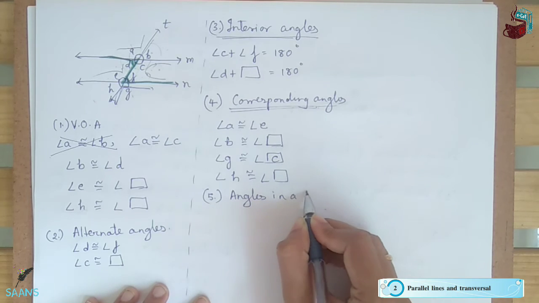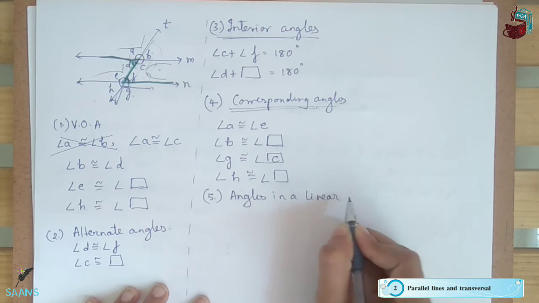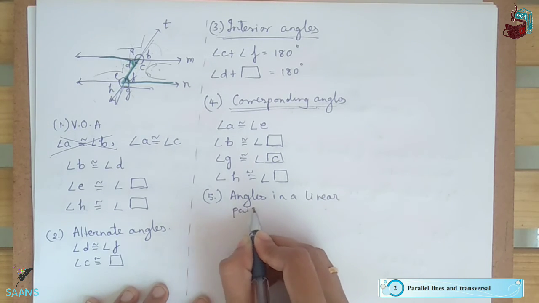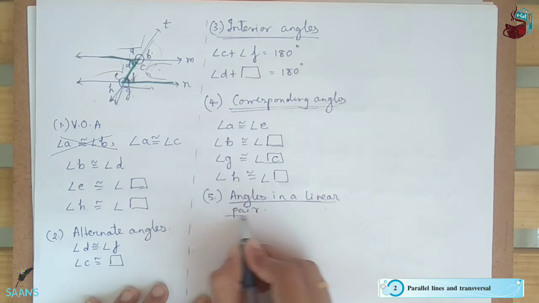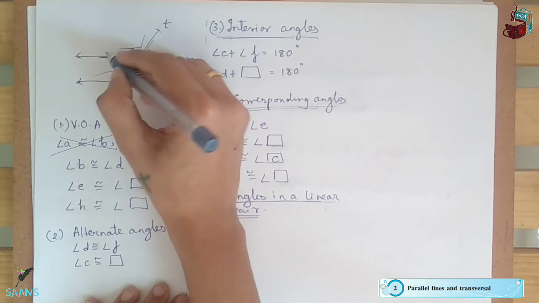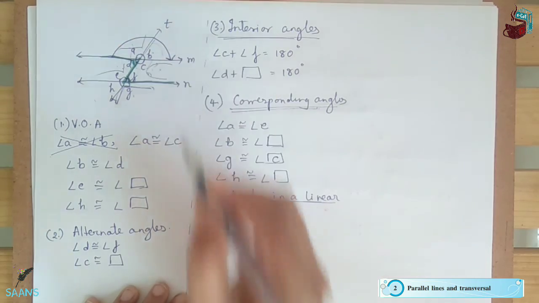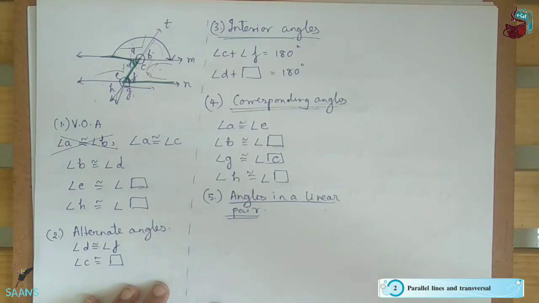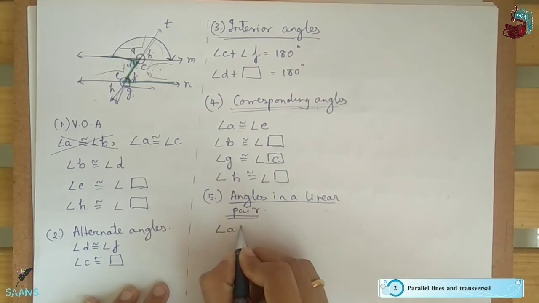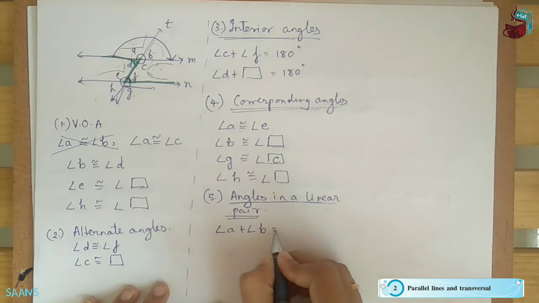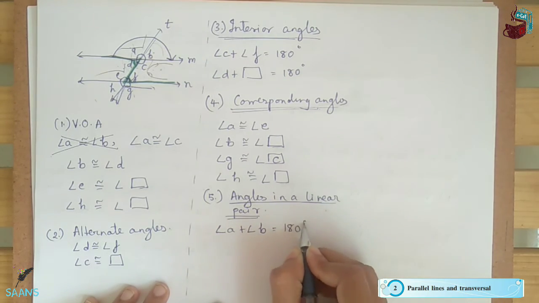And the last one we do is angles in a linear pair. So when we're talking about angles in a linear pair, you have to search for something that is like this. So here it is, angle A plus angle B is equal to 180 degrees.